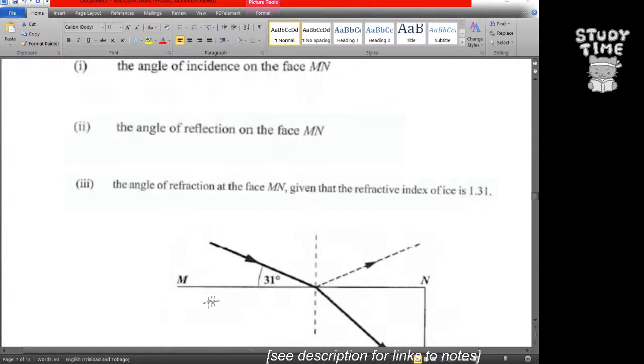Right, so we're going to say sine inverse. r is going to be equal to sine inverse 0.65. And that is 40.9.